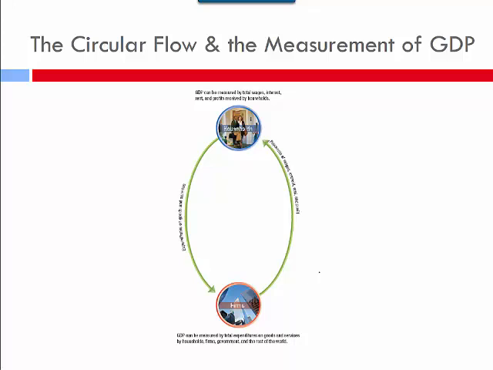If we look at the circular flow diagram, which we looked at before, it was a circle, and now it's misshapen a little bit. Households provide goods and services, they get paid for it, and then they turn around and spend that money at the firms.